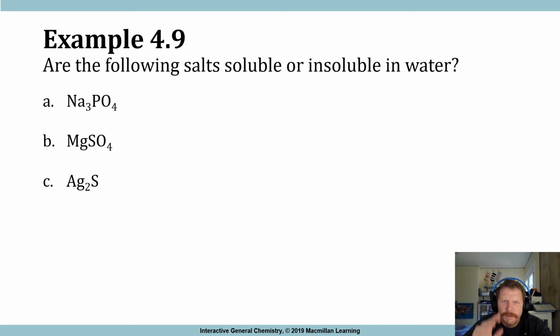But phosphates generally are going to be insoluble because that was the row where we saw basically anything with a phosphate was going to be insoluble. But this asks specifically about sodium phosphate. Now, sodium happens to be in group 1. So this is an exception to the rule, and this is soluble.